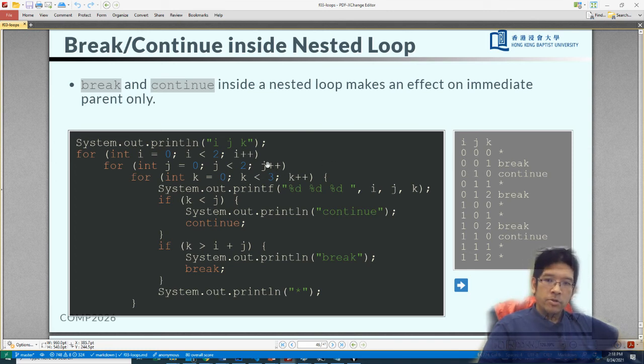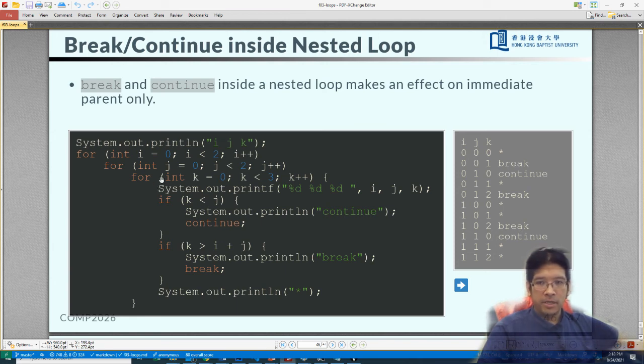And then when J equals 1, we come back to the K loop again. So K becomes 0 again. The break does not really reset K, but after you quit this K loop, you go back to the J loop and re-enter this K loop. So the value of K has been reset by this int K equals 0.